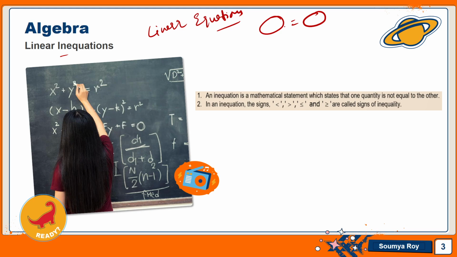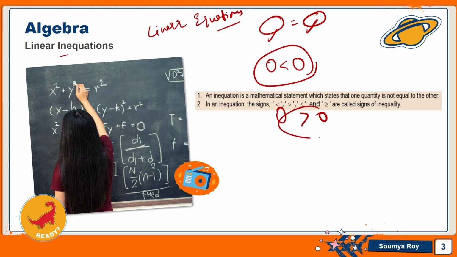The equal to sign says both the sides are equal, their values stand equal. But what happens in linear inequation? It says that the two sides of the equation are either less or greater, so the two sides will be either less than or greater than each other, something like this.